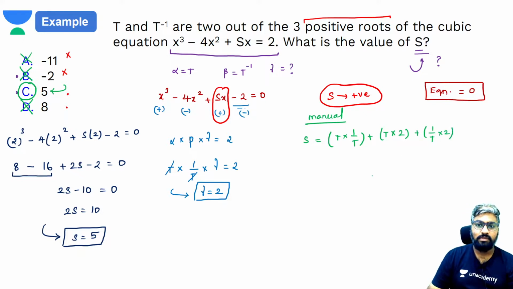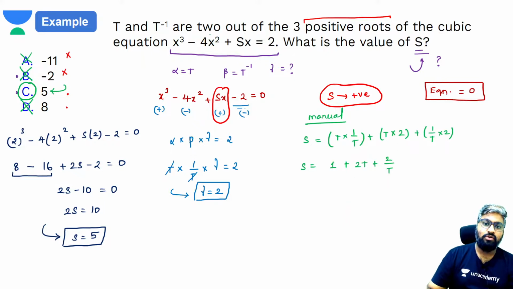Correct? Taken 2 at a time. Agreed? Oh, sorry, S will be taken 2 at a time. Yeah, correct: 1 at a time, 2 at a time, 3 at a time. So the value of S will be equal to 1 plus 2T plus 2 by T.